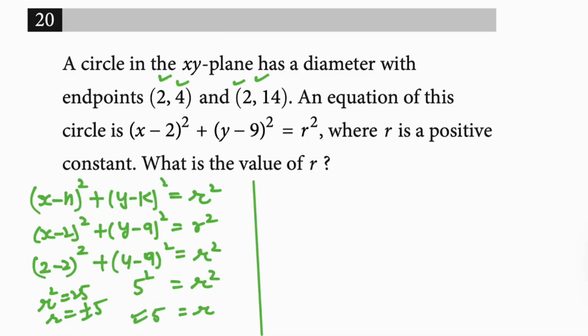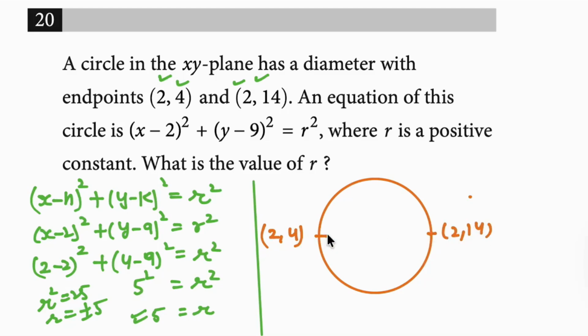That is one way. Now if you observe the pattern here, then you can say it's a beautiful question. The diameter endpoints are (2, 4) and (2, 14). You can see this 2 and 2 are the same, x values are the same, right? So if you imagine it on the graph, the points will not be like this, you will point it something like this. That means when the x value is the same and the y value is changing, it is parallel to the y-axis.